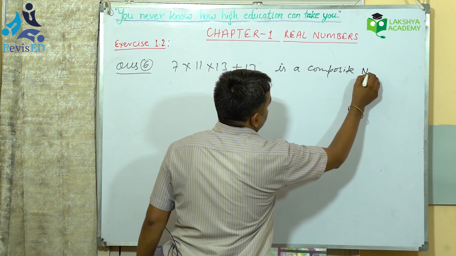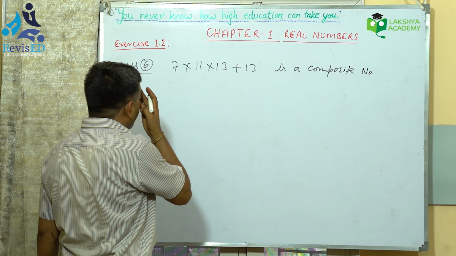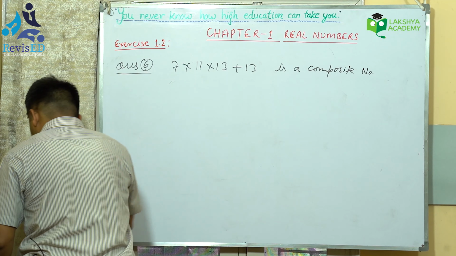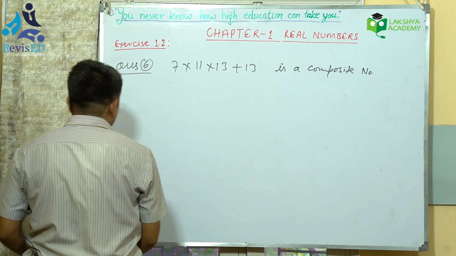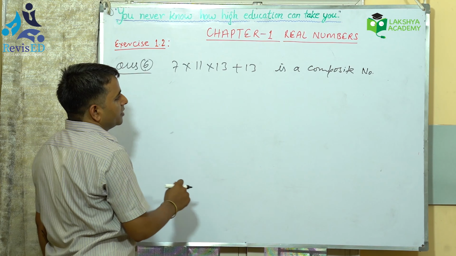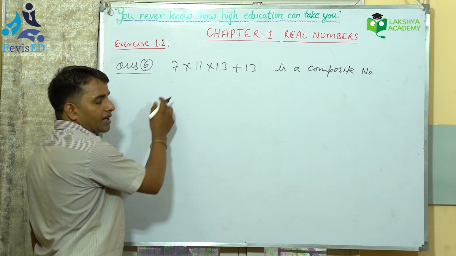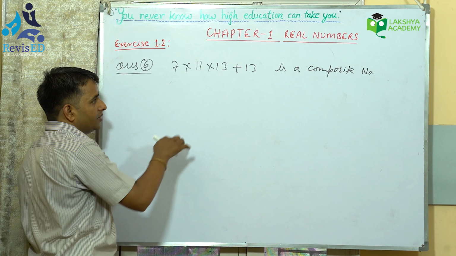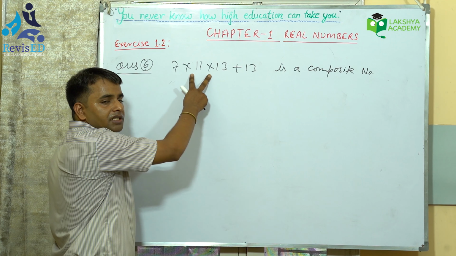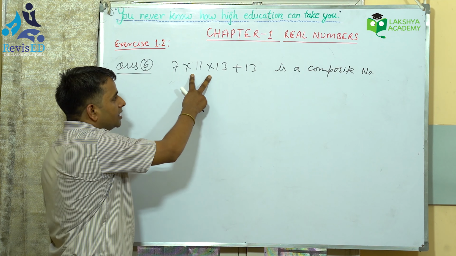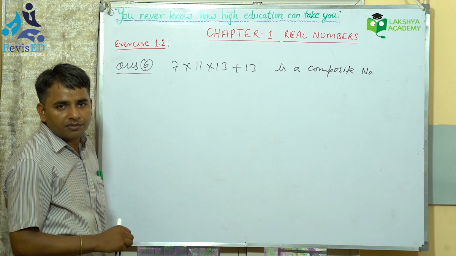We need to prove whether it is a composite number or not. To prove any number is composite, we know that a composite number has factors other than 1 and itself. So we need to find out whether this has other factors also, then only we can say that it is a composite number, otherwise not.